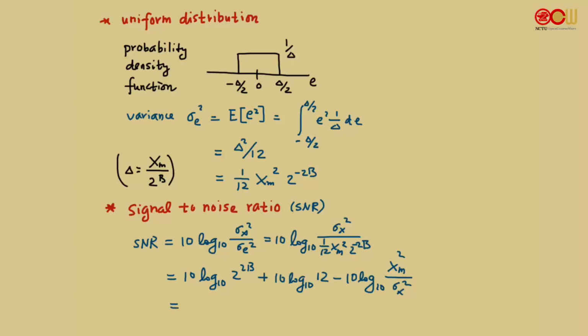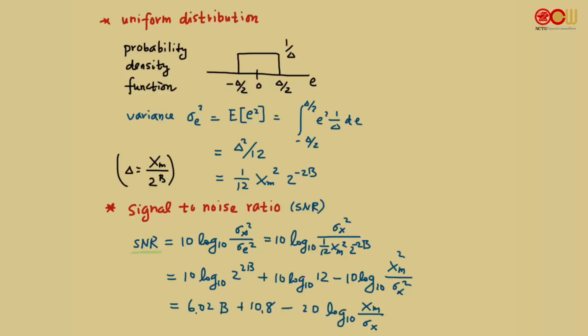And 10 log 10 2 is equal to 3.01 dB. So this is equal to 6.02B plus 10.8, since 10 log 10 12 is 10.8, minus 20 log 10 Xm over sigma x. So what have we derived here?